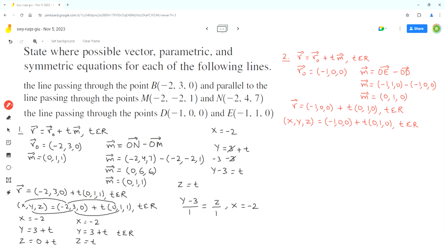Now we can break up this vector equation into x, y, and z parametric equations. For the x equation, we'll use the x components of these vectors. And we'll multiply the components of the direction vector by t. 0 times t is equal to 0, so we can ignore the 0 term. So the x equation is x equals -1. Now we can write the y equation using the y components.